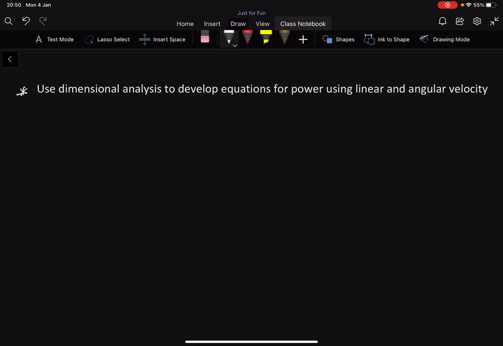Typically, let's find the expression for the power for the linear velocity and the angular velocity. So let's do that for linear. So what I'm going to say here is linear power, and we need to make sure that we know the relationship for this derivation. For linear power, our relationship is simply force times velocity.